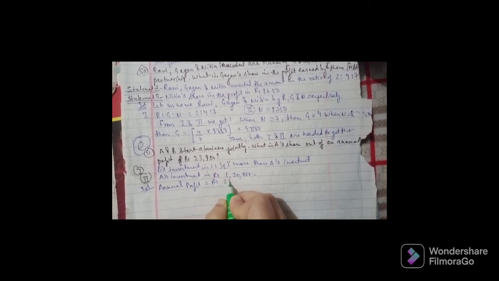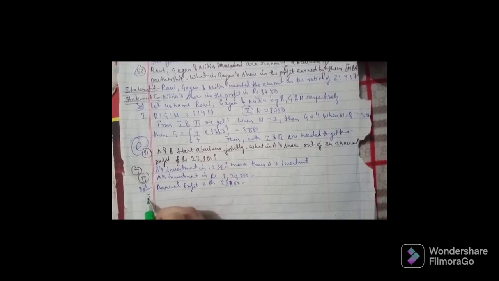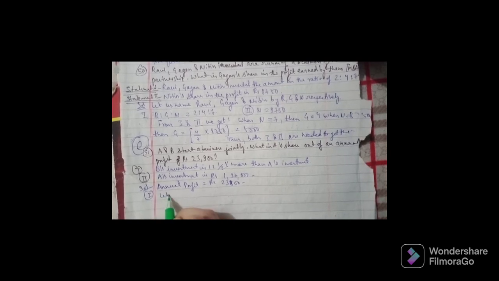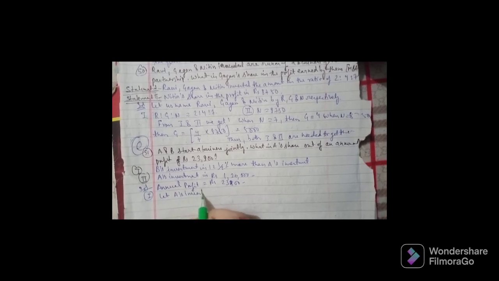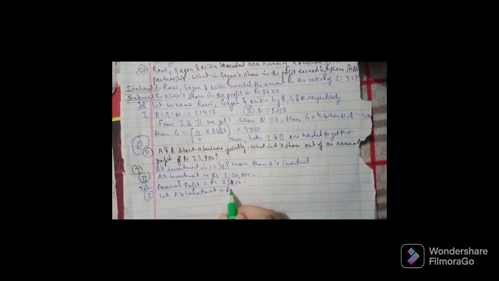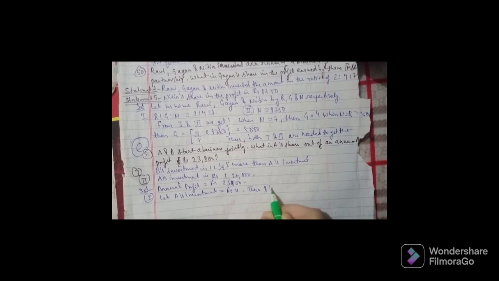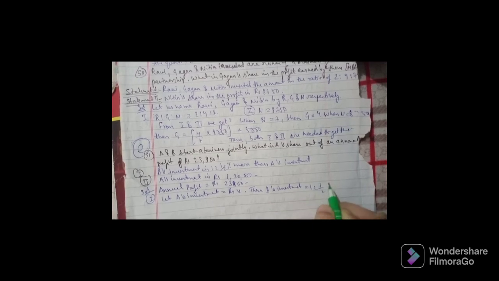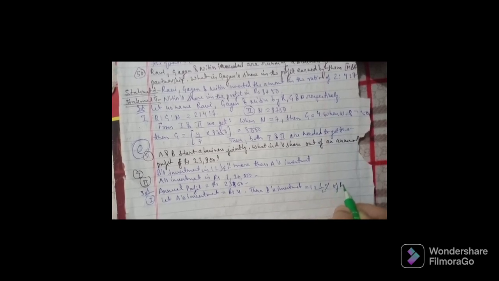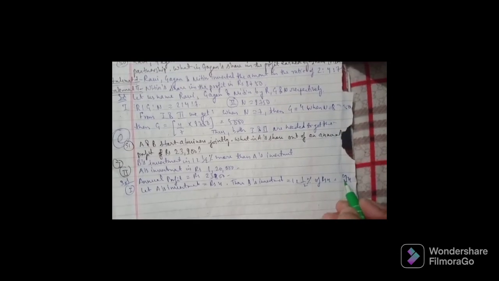According to the first statement, let A's investment equal rupees x, then B's investment is 12 1/2% more than x, which equals rupees 9x upon 8.